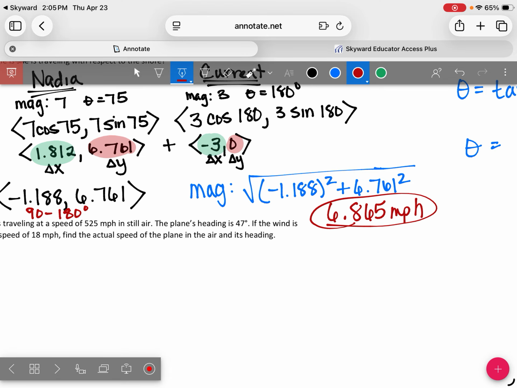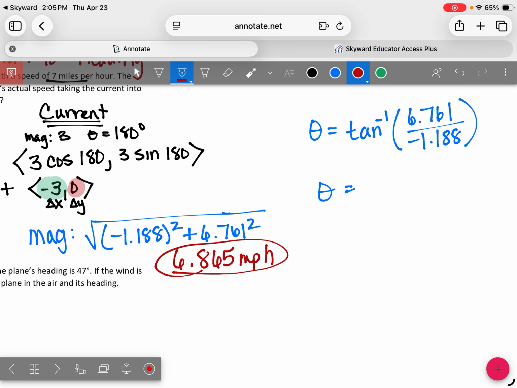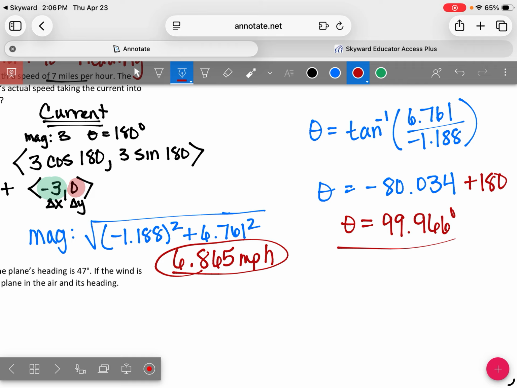All right, the direction, when I typed it in my calculator, it gave me negative 80.034. Is that in between 90 and 180? What did you add to it? All right. So the final answer would be 99.966. Yes.